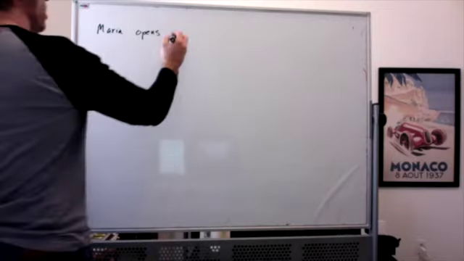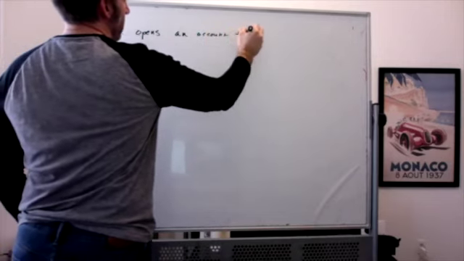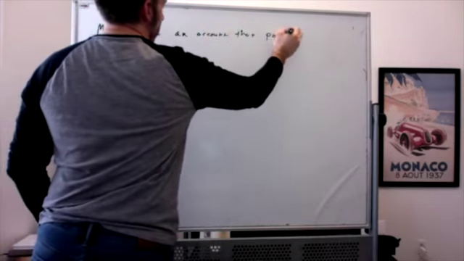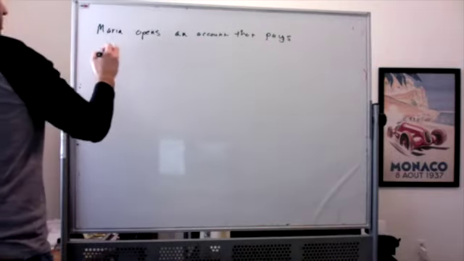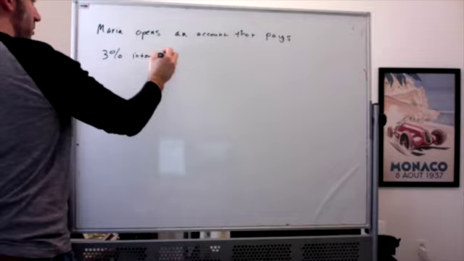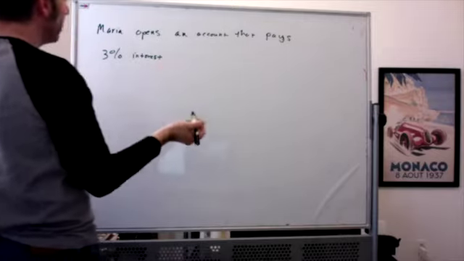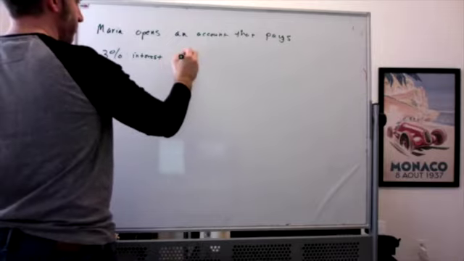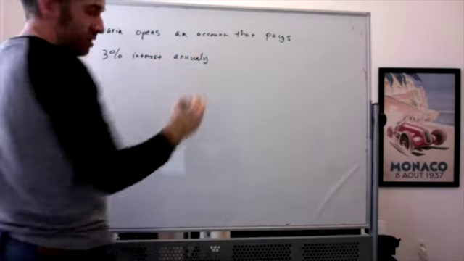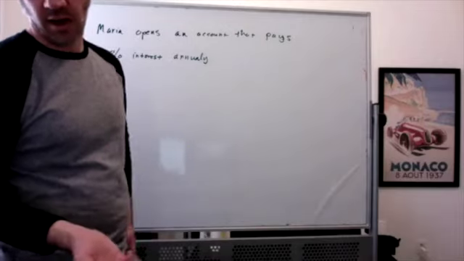So Maria opens an account that pays, let's say, 3% interest per year. So you could say 3% interest annually. You can say compounded yearly. There are lots of different ways to say kind of the same thing.